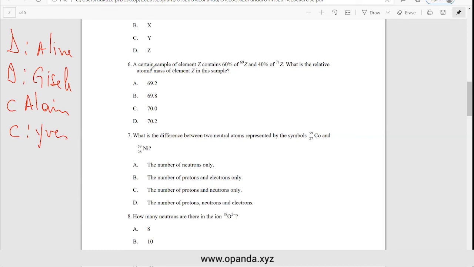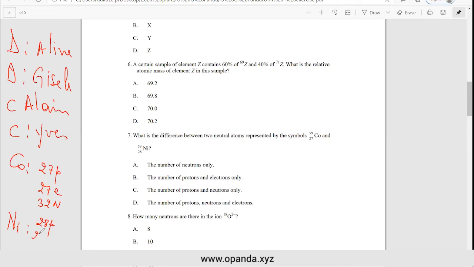Thank you. Very good. So if you want, you can simply calculate the particles. For cobalt, we have 27 protons, we have 27 electrons, and we have 32 neutrons. And for nickel, we have 28 protons.